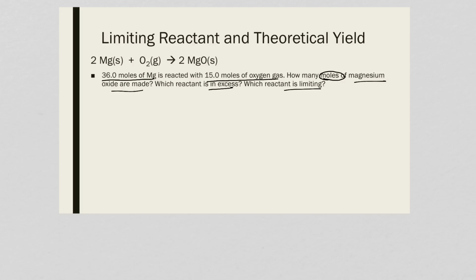So if we think about our plan for this, right, what are we going to do? Well, if we think about then, we have to go from moles of a reactant into moles of magnesium oxide.